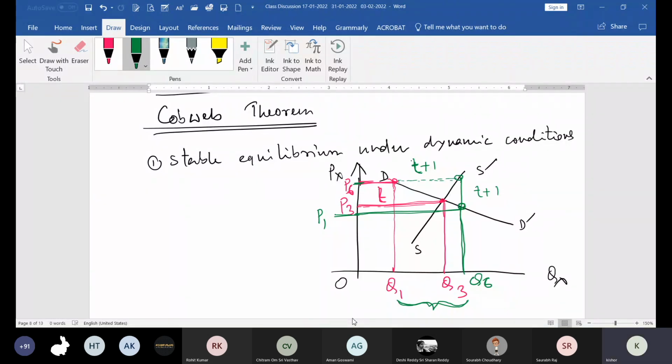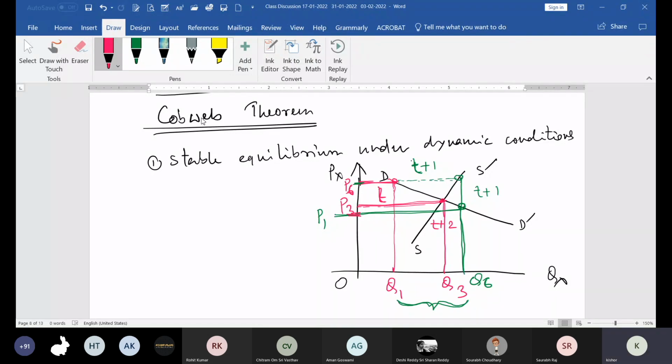But your story is not ending here, because now you will move on to next day. What will happen next day? T+2 time period. Now your comparison will be prices. Now the price is here at P1, which is even less than original equilibrium price P3. P1 is less than P3.